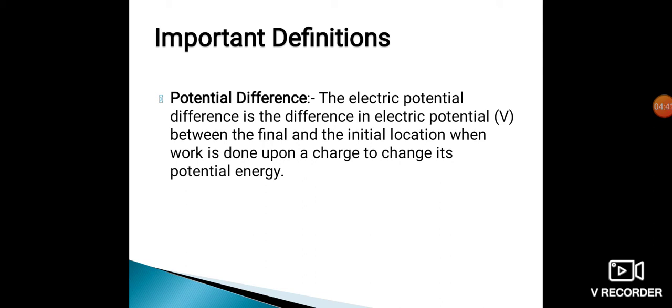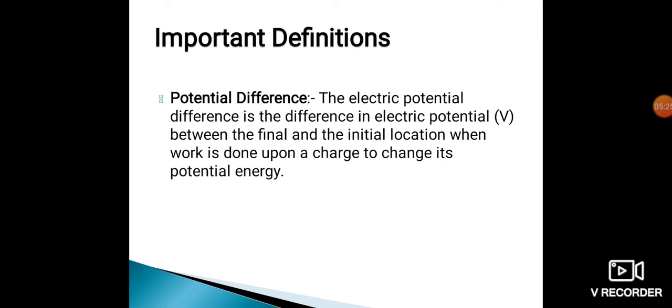Now when we turn on the tap, water will start flowing and water is acting as a current, and the difference of level between the tank and the tap creates a difference of potentials. In the same way, there is a difference of potential between 2 points which is responsible for the flow of current, and that difference of potential between 2 points is called potential difference.